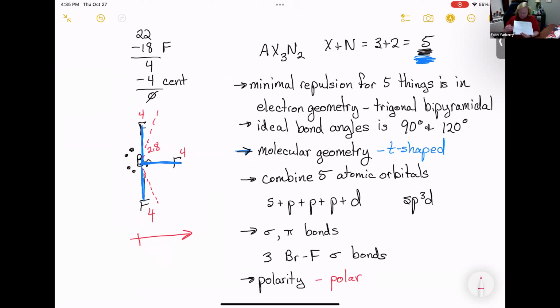And I will say that if you can memorize how to draw the electron geometry, to go from the electron geometry to the actual molecular geometry, which is what you have to be prepared to draw, all you have to do is replace something that looks like a bond in the electron geometry with a lone pair, and that would get you to the molecular geometry if your molecule has lone pairs.